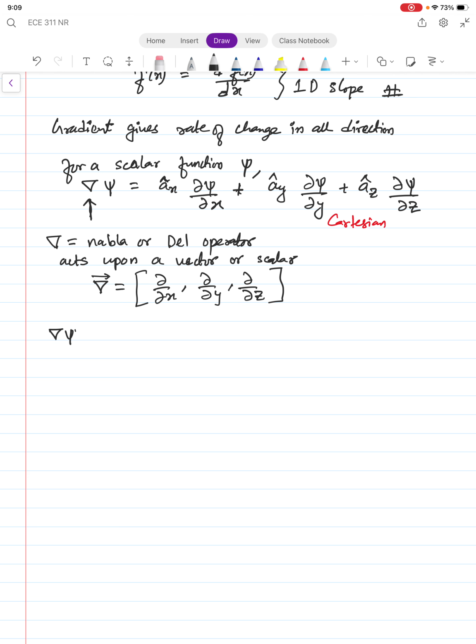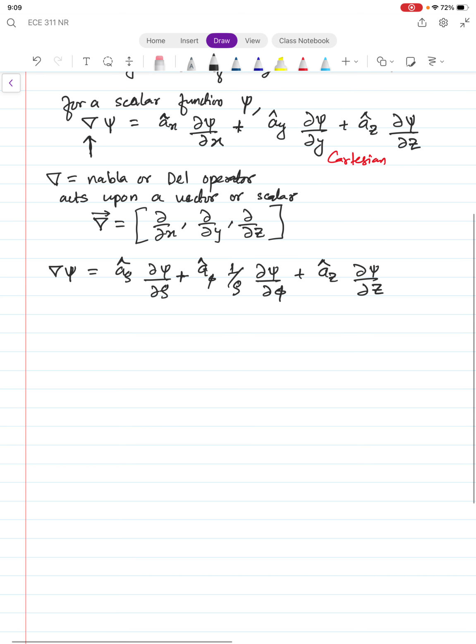Del psi, and this is in cylindrical, that would be a_rho hat partial psi by partial rho plus a_phi hat 1 by rho partial psi partial phi plus a_z hat partial psi partial z.